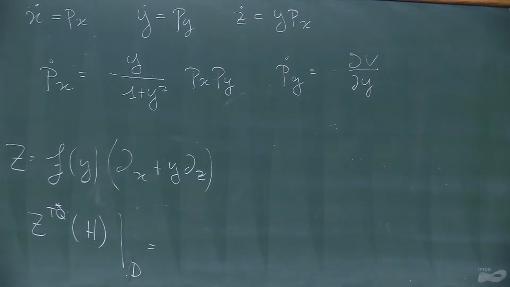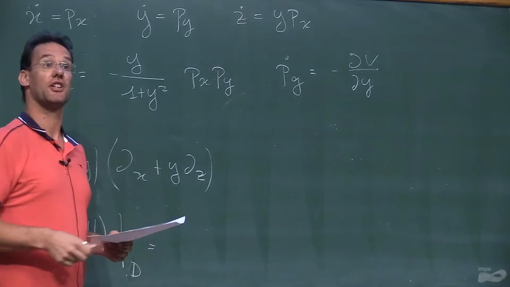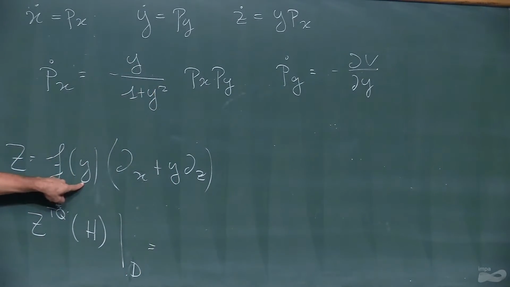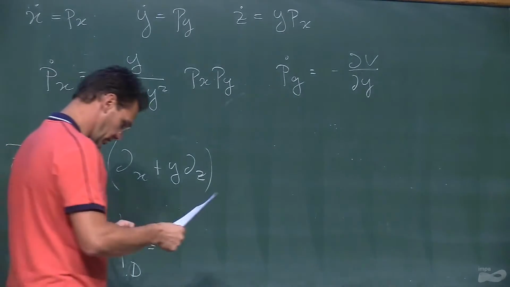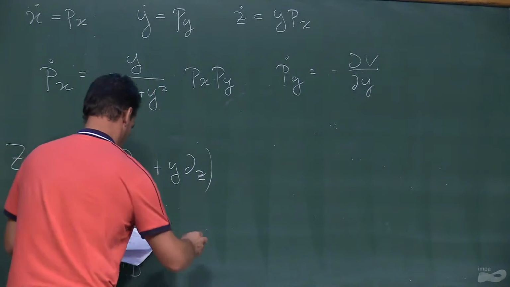Okay. And what happens is that we end up with an ordinary differential equation for the function f, which is a function of the only invariant variable. So it is a G-invariant function. And the equation is exactly this one.